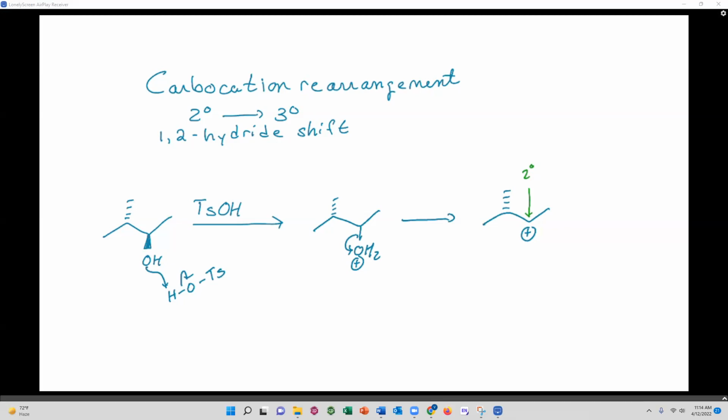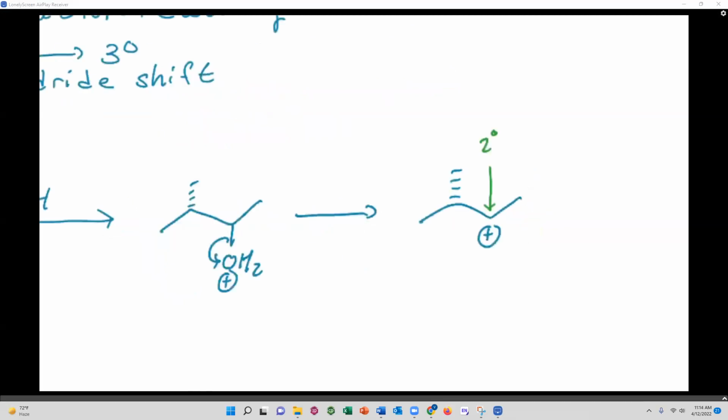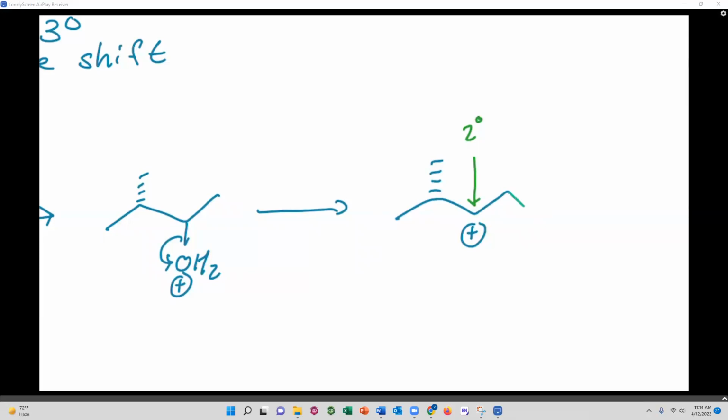And I'm going to identify the two types of different hydrogens I have. So by looking closely, I have this beta hydrogen here that I can eliminate. And then I also have this beta hydrogen here that I can eliminate.